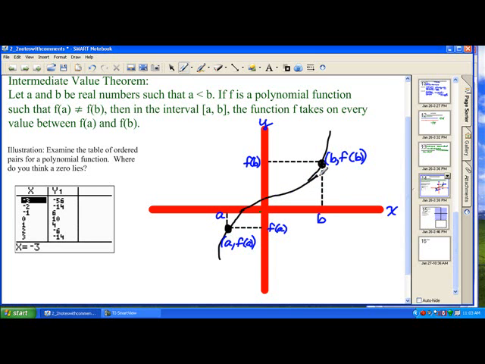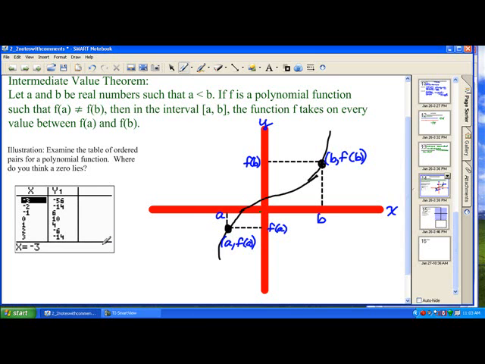Where that's really important is in this way. If a and b have output values that are opposite, in other words, a has a positive output and b has a negative output, or vice versa, then there has to be a zero between a and b.